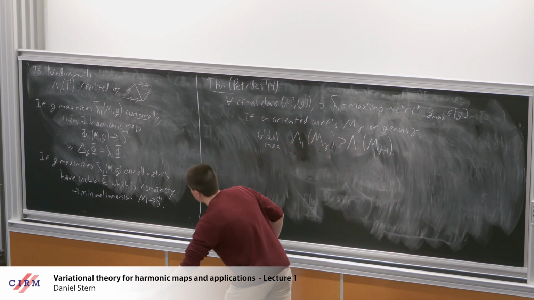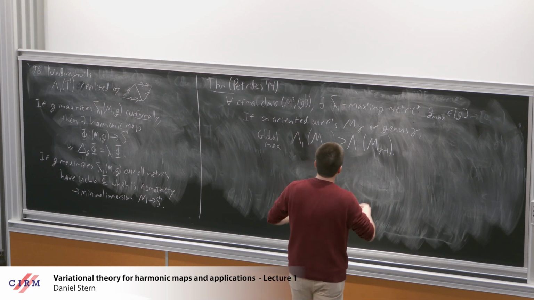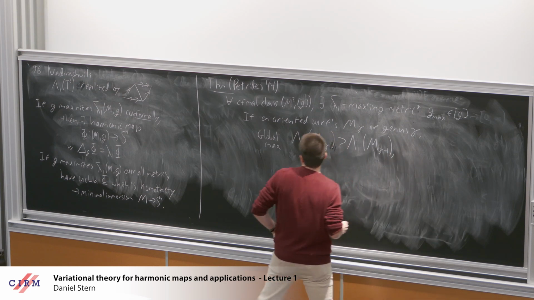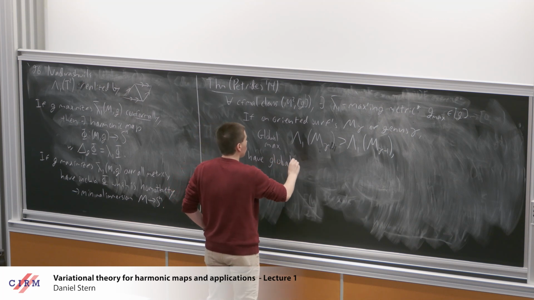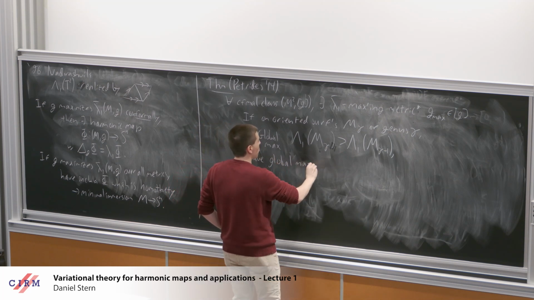So this somehow prevents your maximizing sequence of conformal classes from degenerating to the boundary of Teichmuller space. Right, so you have a globally maximizing metric that's going to give you some branched minimal immersion.